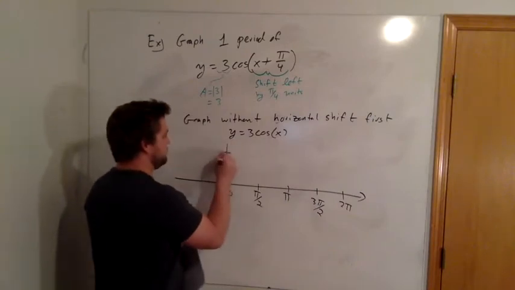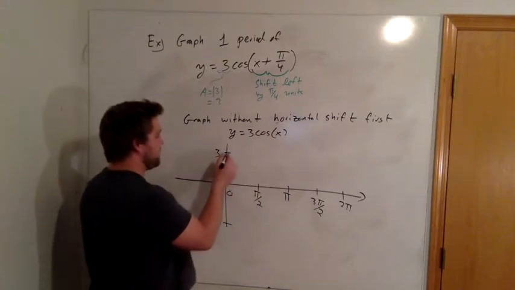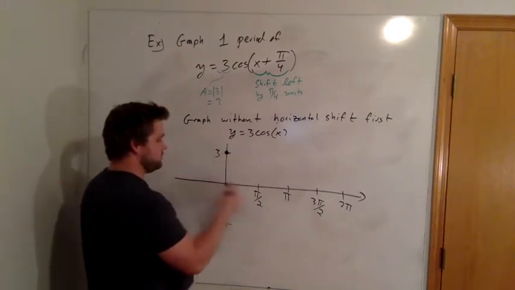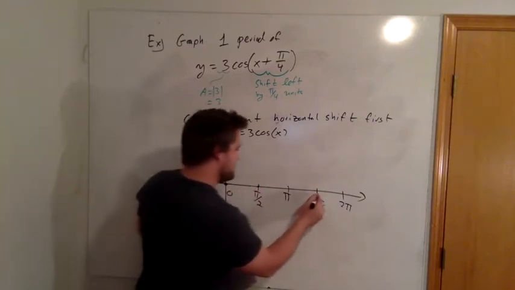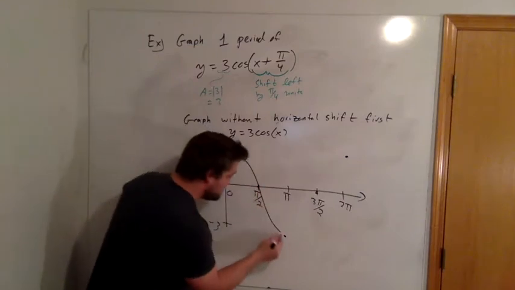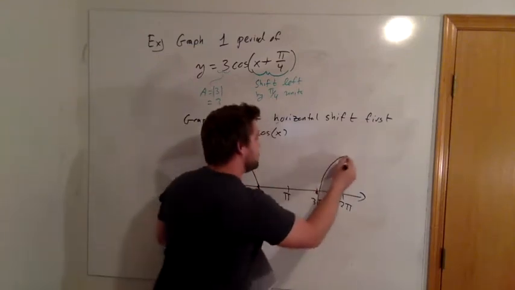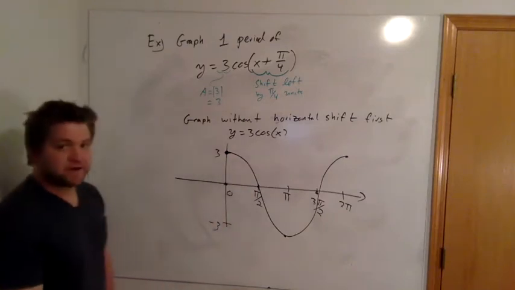We have an amplitude of 3. Cosine starts at the top of the amplitude. Our equilibrium's at 0, so cosine will bounce on these spots. Okay, so here's the graph of 3 cosine of x.